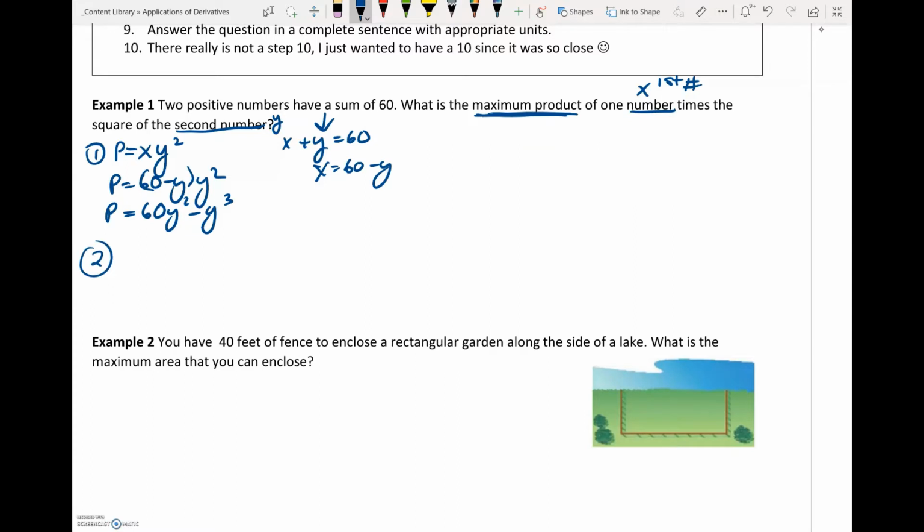The next step is I'm going to differentiate this so I can find the maximum. So we need to find the critical points. I am differentiating this in terms of y. So this will be 120y minus 3y squared. My third step is I'm going to set this to 0 to find my critical points.